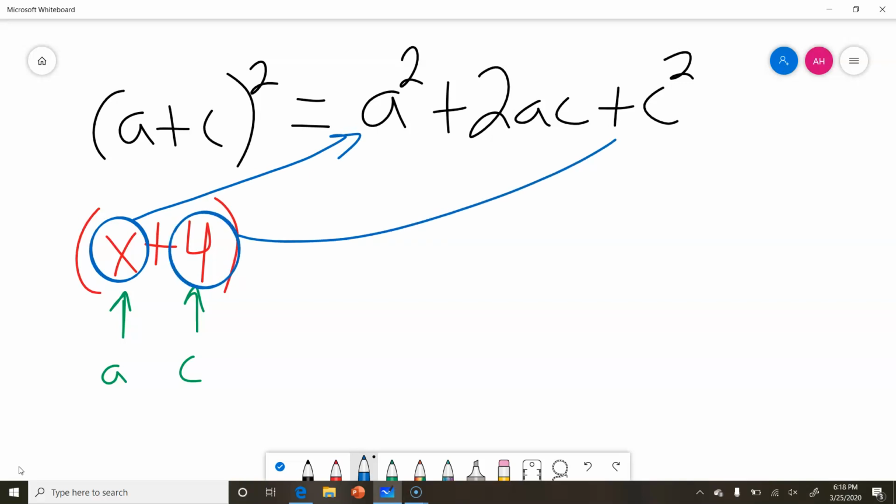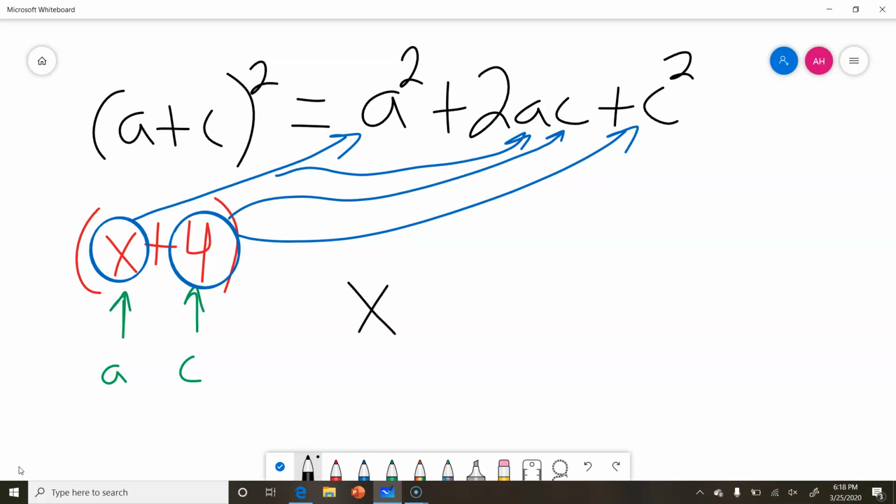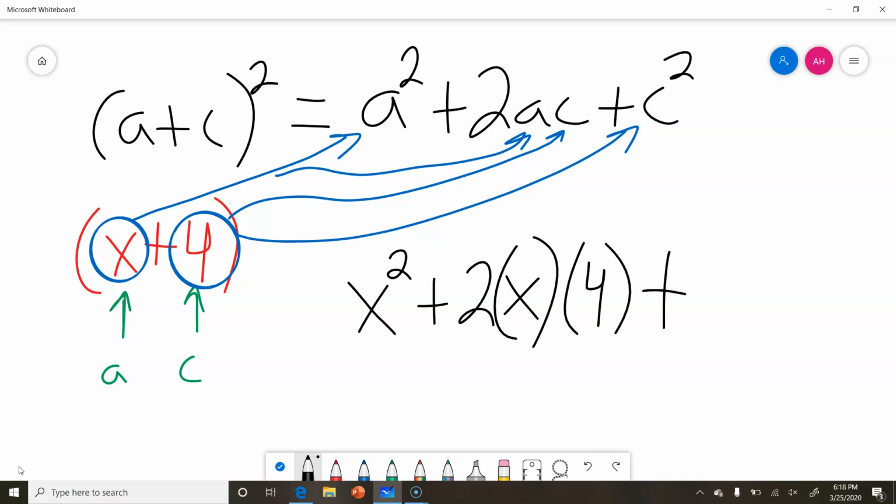Take this guy, plug it in for c, and then take one of them, plug it in for a there, one of them, plug it in for c there. So that simplifies. We do that with the x. We just add the squared, boom, x squared. Then the 2 stays, and that's times a, which is x, then times the c, which in this case is 4, then plus c squared, which in this case is 4 squared.